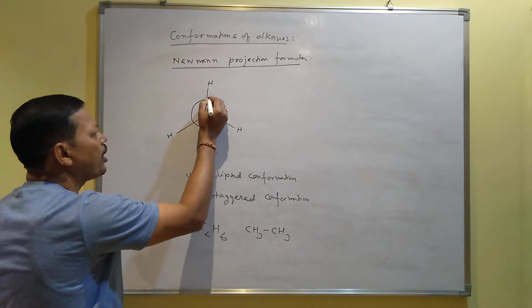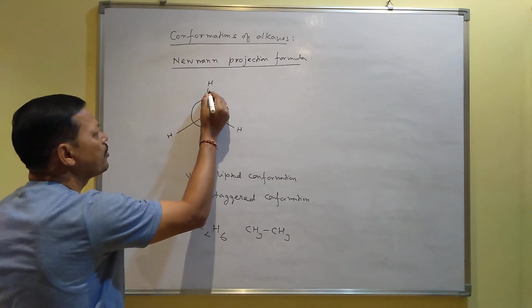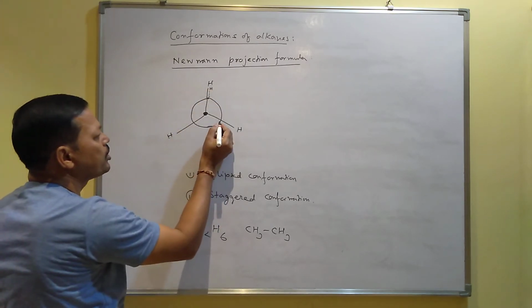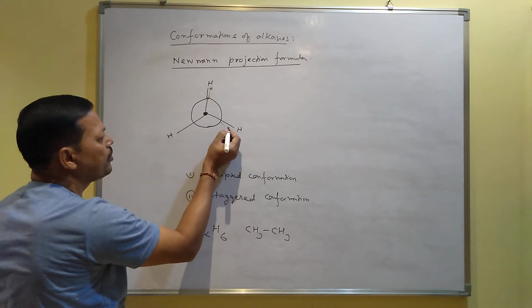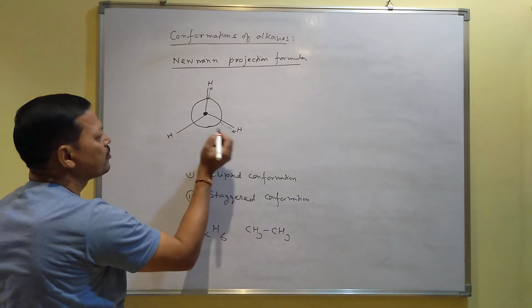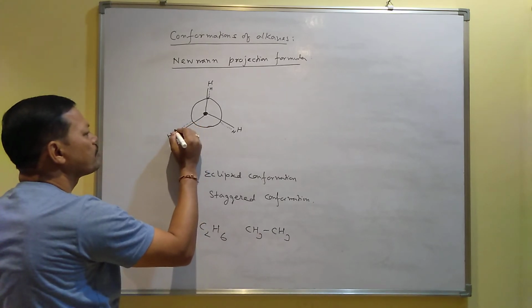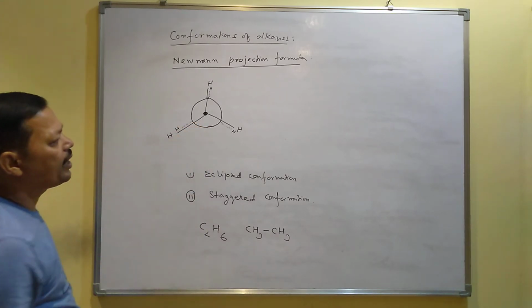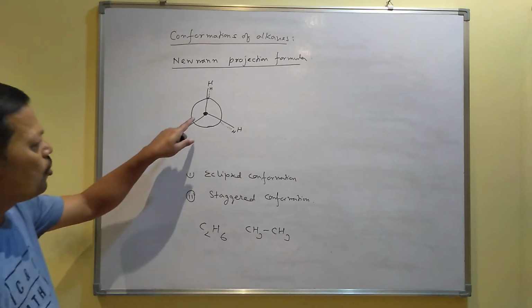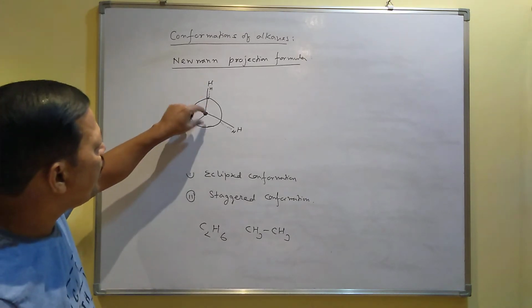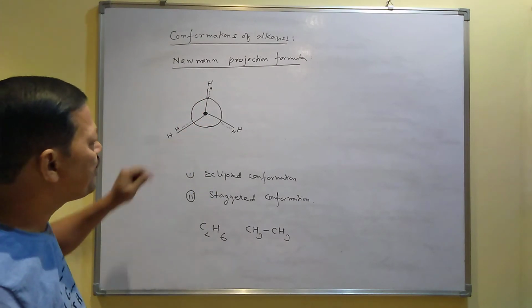This is one hydrogen of the backside carbon, this is another hydrogen of the backside carbon, and this is one more hydrogen of the backside carbon. So the front side CH3 and the back side CH3 are present like this.